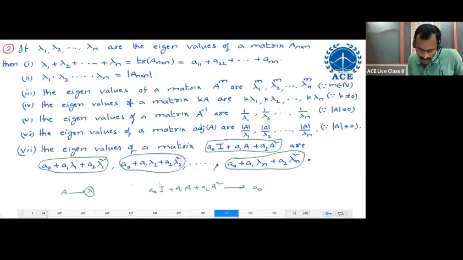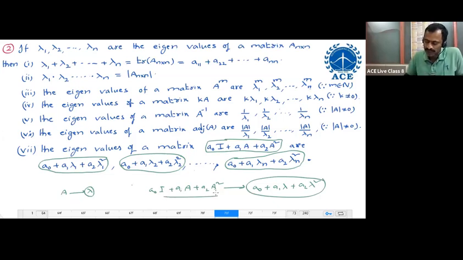A naught into I, that is unit matrix only. For a unit matrix, eigenvalue is 1, plus A1, A has general eigenvalue lambda, in place of A, lambda, A2. According to the third result, A square eigenvalue will be lambda square. This is the general eigenvalue only of this matrix.